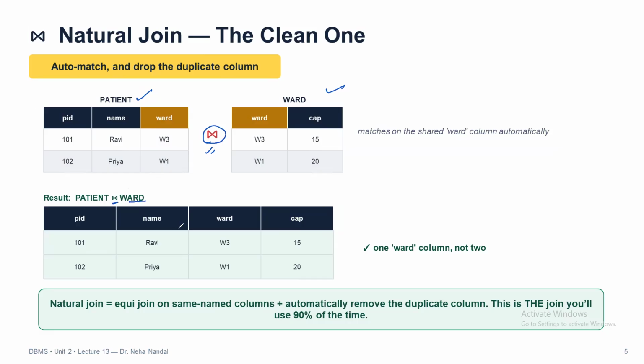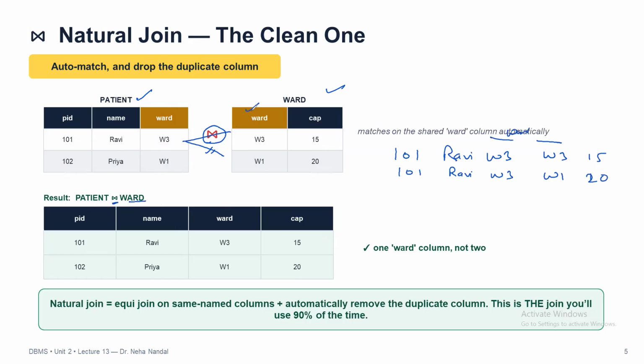So what will come? The rows will come as we have discussed: 101, Ravi, W3, W3, 15. Then again 101, Ravi, W3, W1, 20. It will match these two things, the ward numbers.